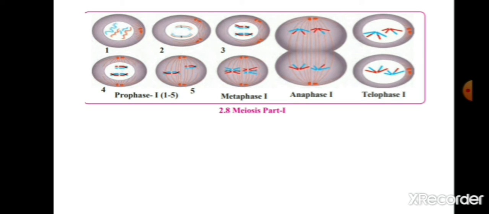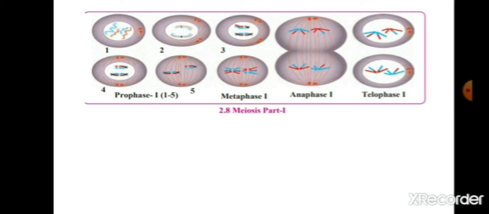The four daughter cells formed after completion of meiosis are genetically recombined and not exactly alike, and also not exactly similar to their parent cell. Next, the fourth one is that spores and gametes are formed by meiosis. Meiosis helps to restore and maintain the chromosome number.